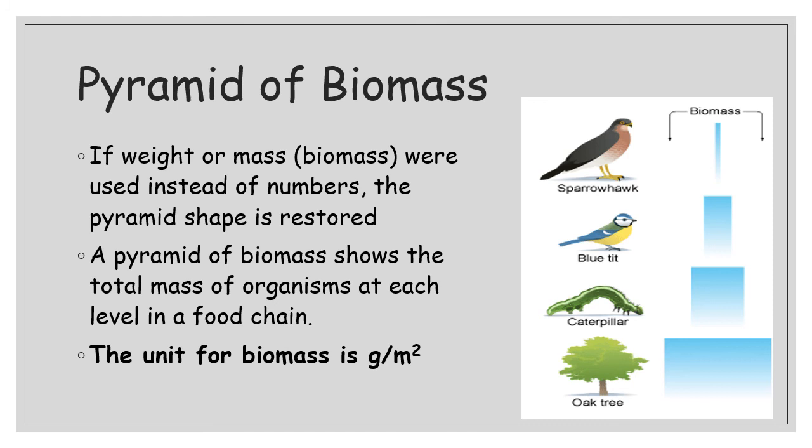Still only one oak tree, but that still has a huge amount of biomass that can sustain a smaller biomass of caterpillars, again a smaller biomass of blue tits, and then a small amount of sparrowhawks, which have shown up quite a few times. And the unit of biomass is grams per meter squared. So that's another way of doing things.